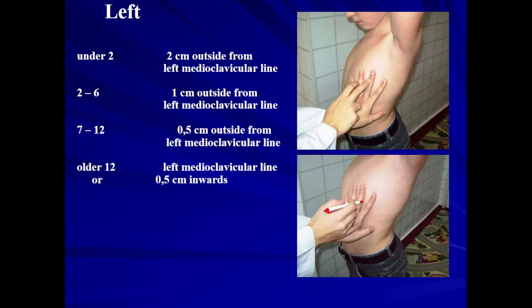When we find the heart thrust, in this intercostal space we start from the middle, and by the intercostal space we should determine the left border of heart dullness.